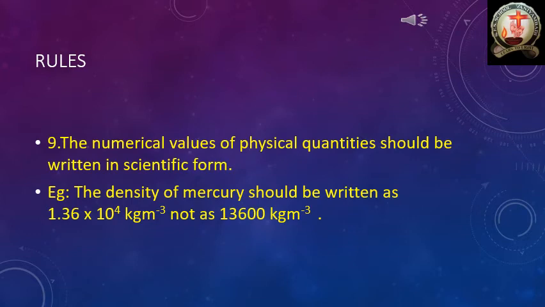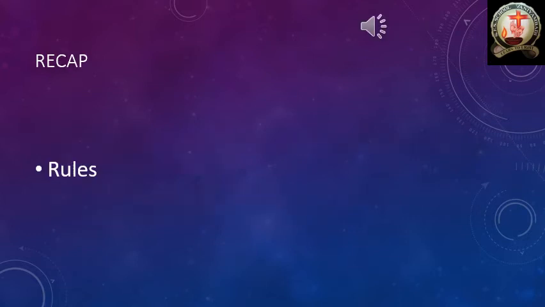So the density of mercury should be written as 1.36 into 10 power 4 kg m power minus 3, not as 13,600 kg m power minus 3. This is the explanation of the ninth point, from the last 15 minutes of what we discussed.